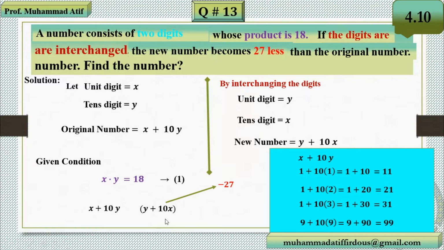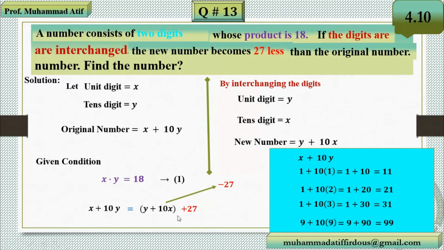In order to make equality, just add 27 to your right hand side, or you can subtract 27 on your left hand side. I can repeat this: if the digits are interchanged, the new number becomes 27 less than the original number. So in order to maintain equality, just add 27 to the new number so that they are equal.